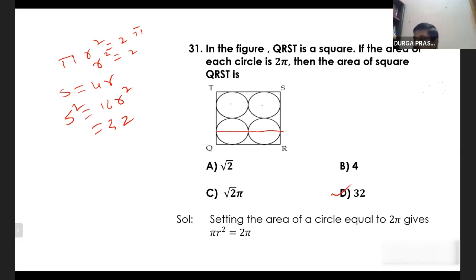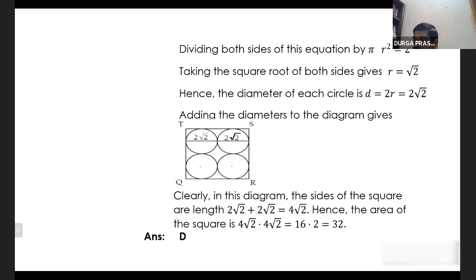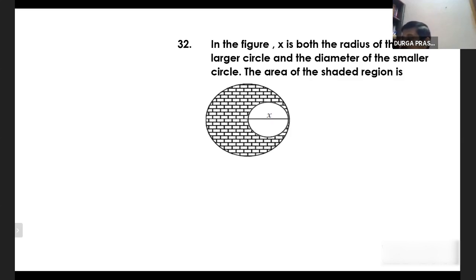Please take it fast. In the figure, x is both the radius of the larger circle and the diameter of the smaller circle. Find the area of the shaded region.